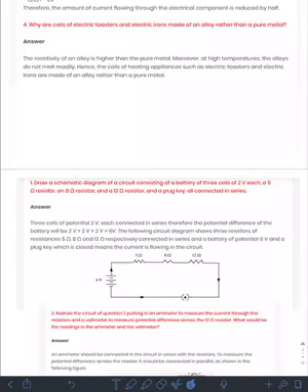Moreover, at higher temperature, alloys do not melt readily, unlike pure metal. Hence, the coils of heating appliances such as electric toasters and electric irons are made of an alloy rather than a pure metal. That's why, whenever you look at an electric iron, the wire used is made of an alloy named nichrome.